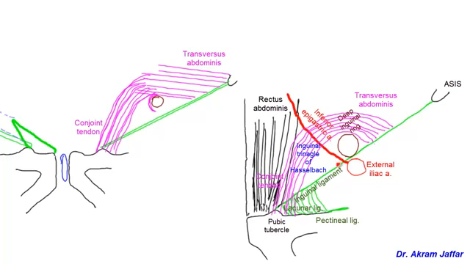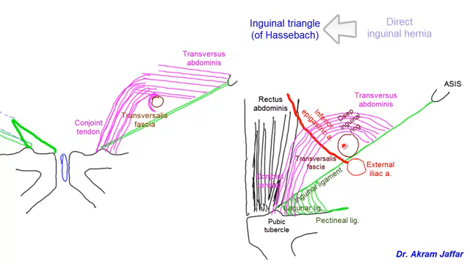The lateral part of the triangle here, which is not strengthened by the conjoint tendon, is formed by the transversalis fascia alone. Weakness of the floor of this triangle can predispose to a hernia. This hernia can push itself from the abdomen forwards into the inguinal canal without passing through the deep inguinal ring.